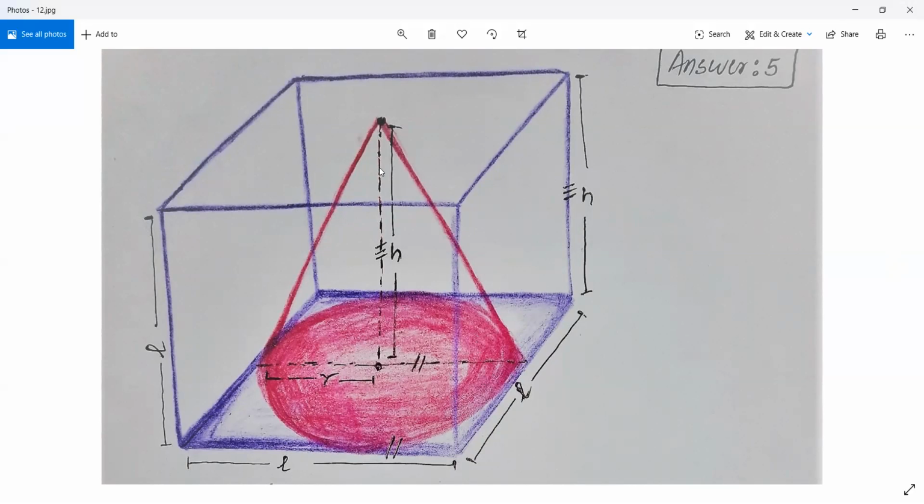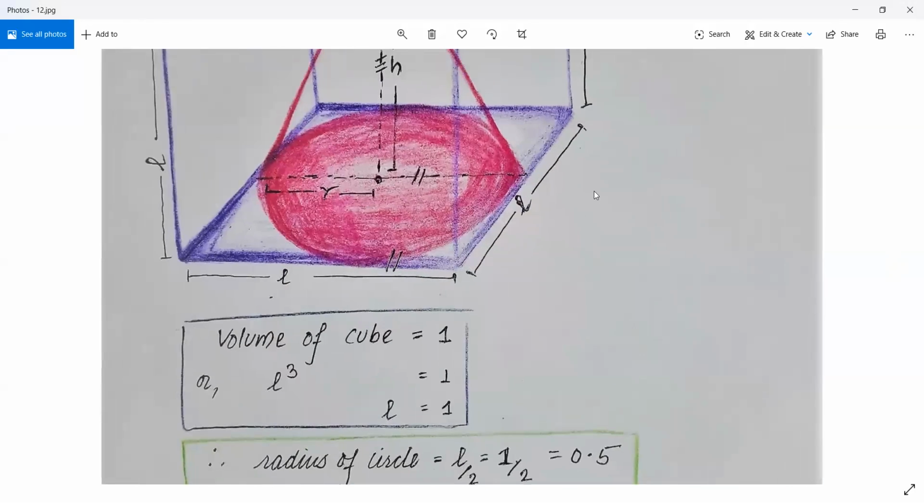So basically the height of the cone will also be equal to one of the edges of the cube, because all the edges of a cube have equal value. So when you label each edge of the cube as L, then obviously the height of the cone will also be equal to L. I wrote this value as H to make it clear that the height of the cone will be equal to the edge of the cube.